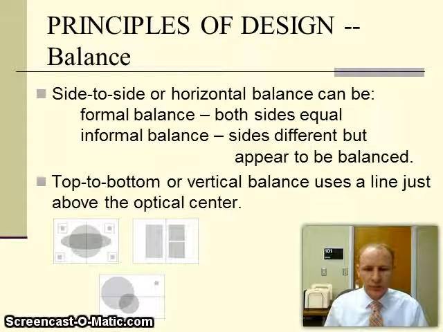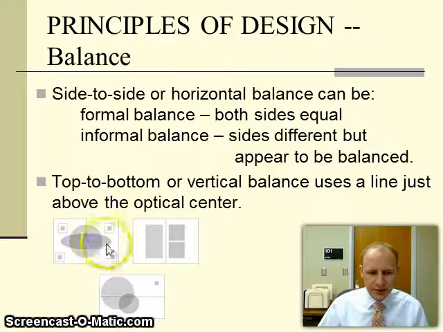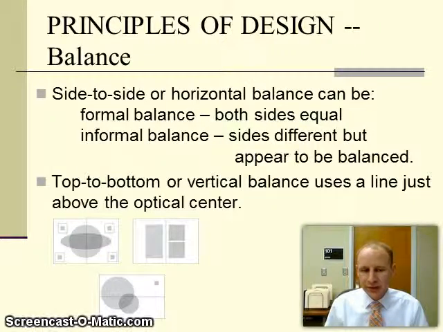With a formal balance, both sides are equal, as you see in this first example. We would call that symmetric. If we were to draw a line right down the middle of that design, we could fold it in half and they would be identical, exactly the same. That would be formal balance, which is symmetrical.